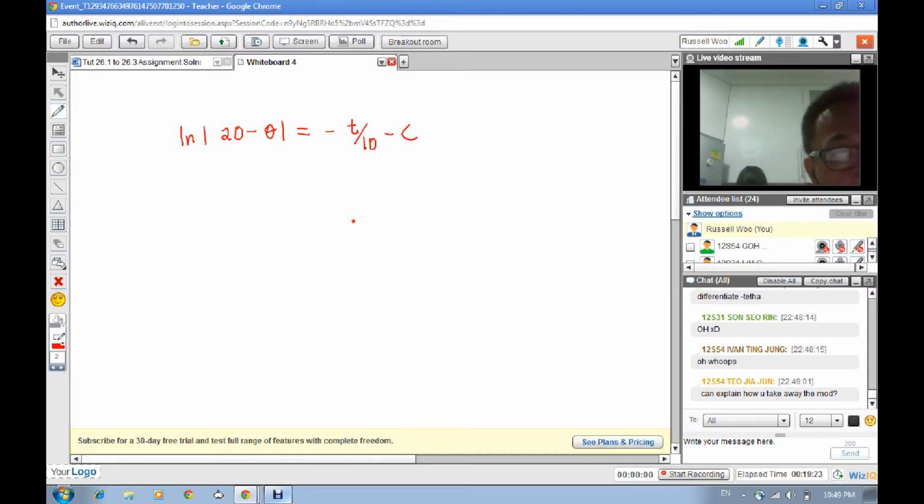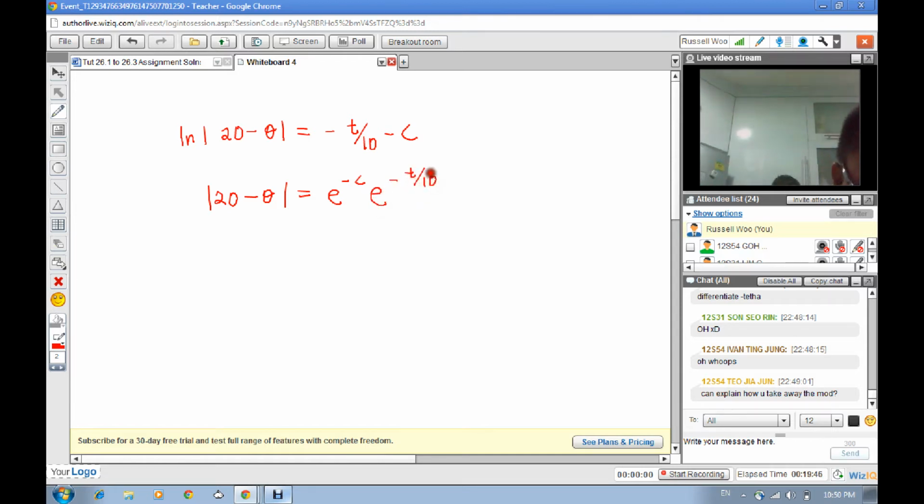Okay, now what we are saying is this, therefore 20 minus c minus theta mod is equals to e to the power of negative c e to the power negative t over 10.